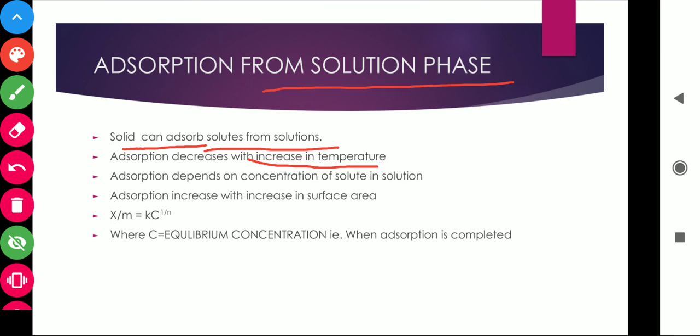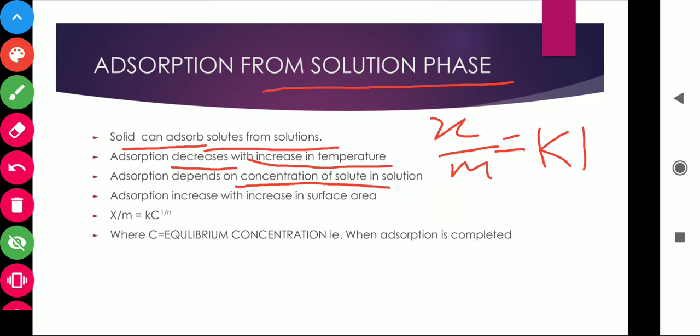On increasing temperature, adsorption generally decreases. It depends on the concentration of solute. Here the equation remains the same. For gas, x by m is equal to k p to the power 1 by n. In place of p, here we will write c.